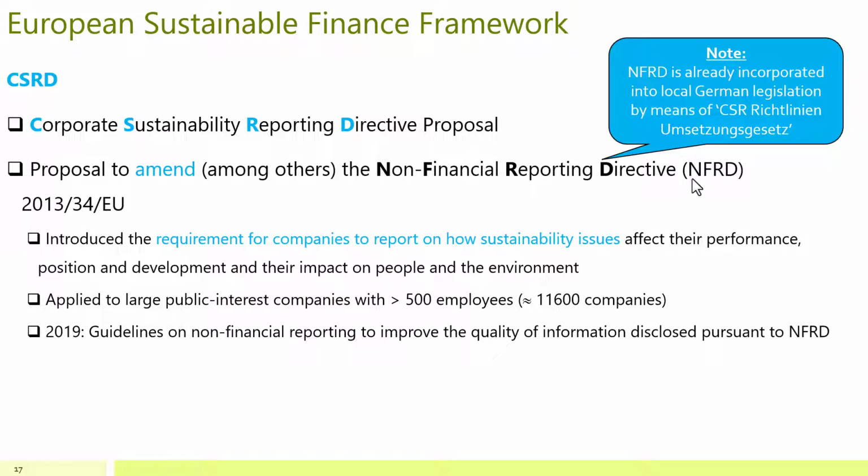But short note, this NFRD is already incorporated into local legislation. So for example, in Germany, large German companies that fulfill these criteria have already to report non-financial information in their financial statements.